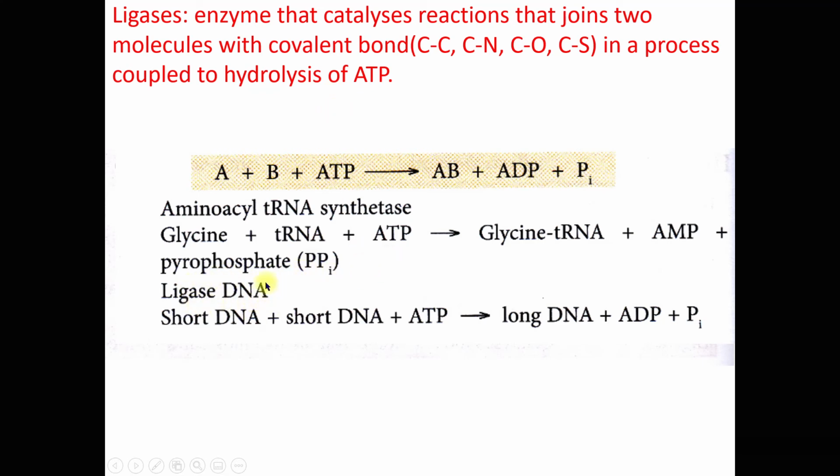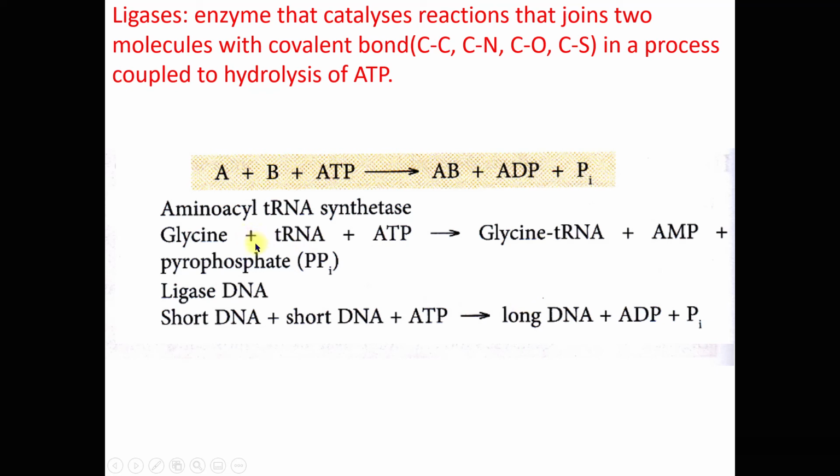So DNA ligase basically joins shorter DNA fragments into longer DNA fragments. Now, for this ligation of DNA to occur, ATP is needed, and when ATP is needed, obviously the ATP will be broken down into ADP with inorganic phosphates.